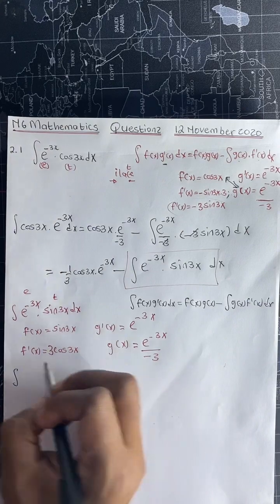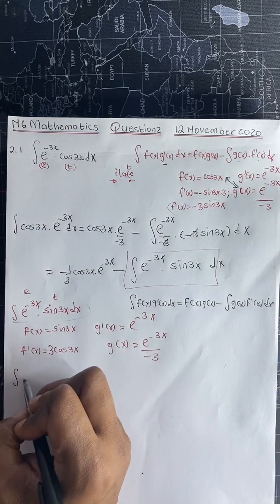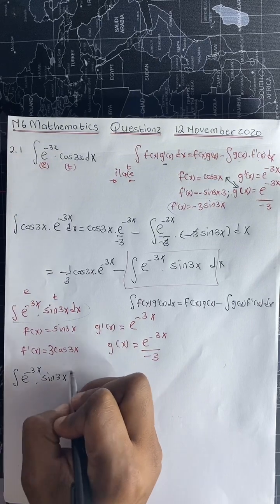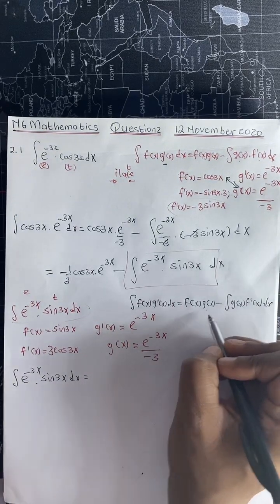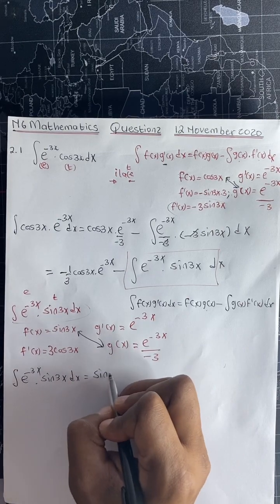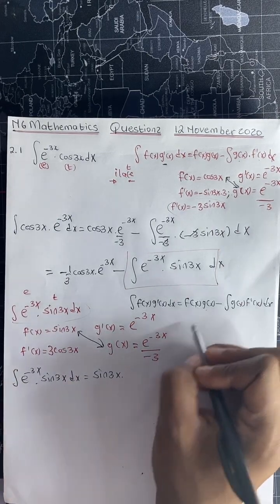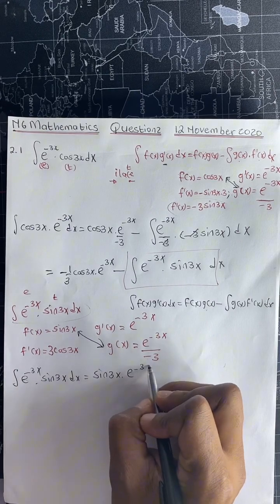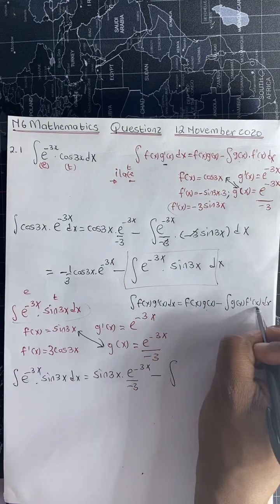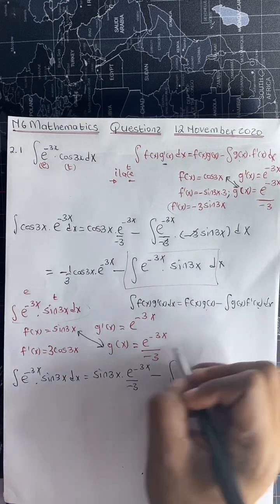So we have the integral of e to the power negative 3x multiplied by sin 3x dx, and f of x multiplied by g of x, where f of x in this case is sin 3x and g of x is e to the power negative 3x over negative 3, minus the integral of g of x multiplied by f prime of x.